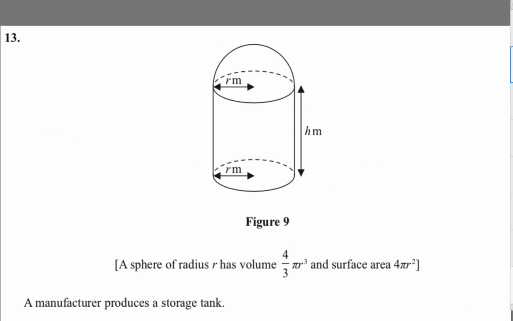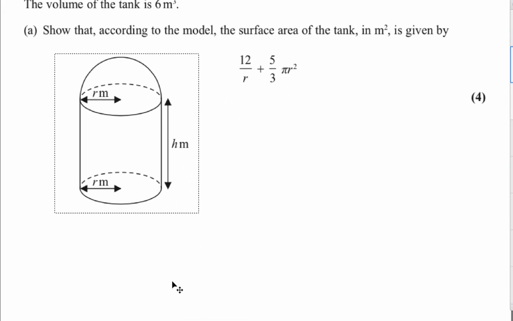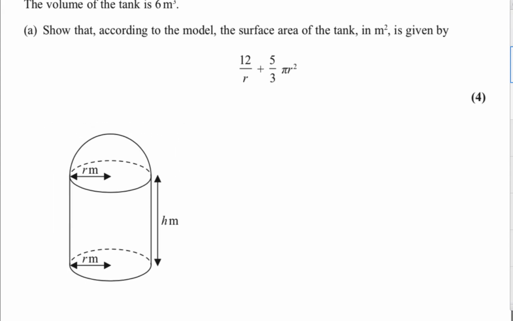Okay, and it's told us the volume of a sphere and the surface area of a sphere. So if we write down the volume of the sphere, let's take this shape and move. Okay, so we know the volume is 6 meters cubed.